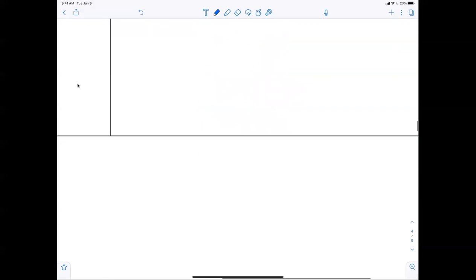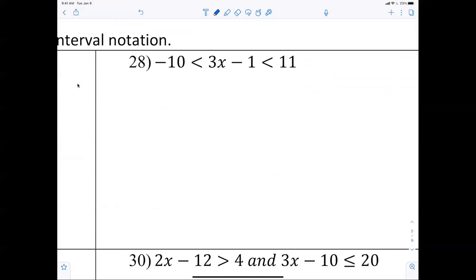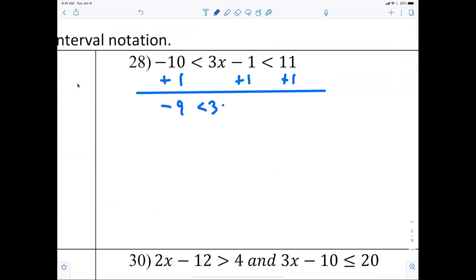All right, let's check out 28. Now, what do I have to do to both sides here? What are we doing on this one? Add 1. Now remember, adding 1 to all places. So -9, less than 3x, less than 12. Then what? Divide by 3. Everybody good with that?